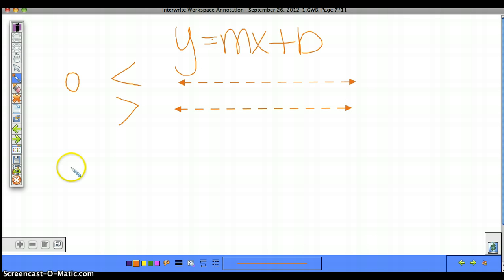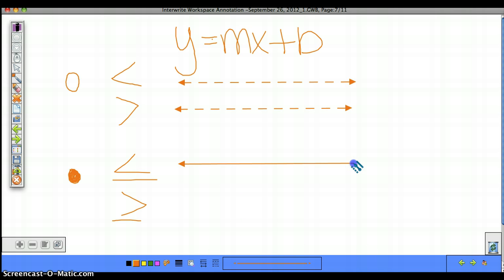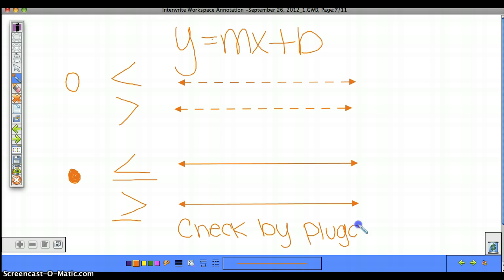And just like when we had a closed circle on our number line, we are going to use this for our less than or equal to and greater than or equal to. We will use a solid line for these graphs. Also, do not forget to check your graph by plugging in a point that is shaded over.